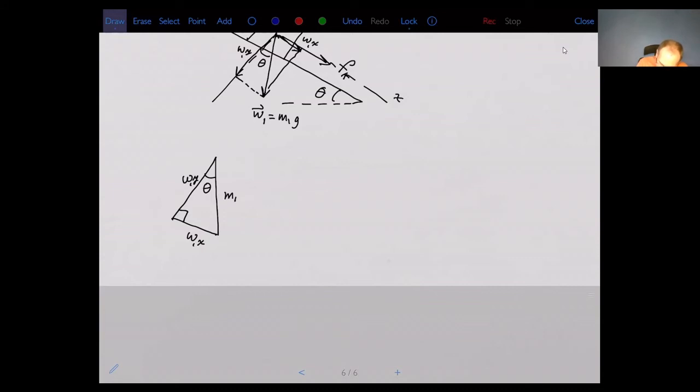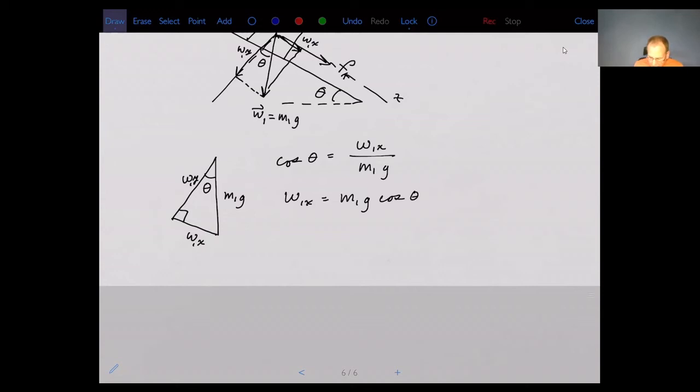So this is just m1g, that's the magnitude of the weight. Now notice that relative to the angle theta, w1y is adjacent, and m1g is hypotenuse. So what trig function relates adjacent and hypotenuse? That would be cosine, right? SOH CAH TOA, so CAH is adjacent over hypotenuse. So we know that cosine of theta is equal to the adjacent side, w1x, divided by the hypotenuse, m1g. So therefore, I can solve for w1x, and it's going to be m1g times cosine of theta.